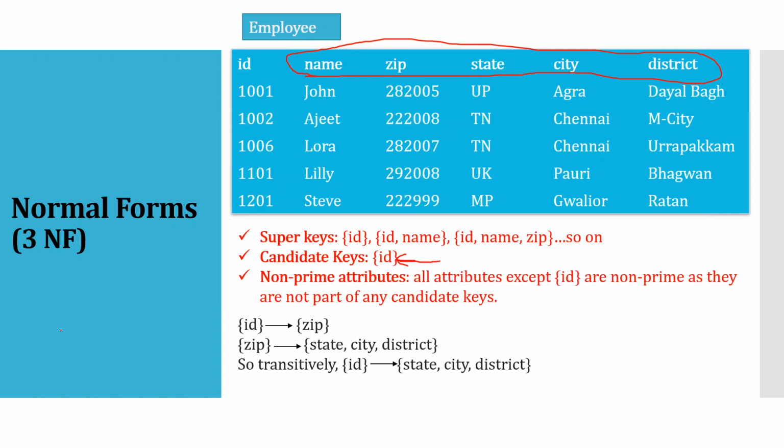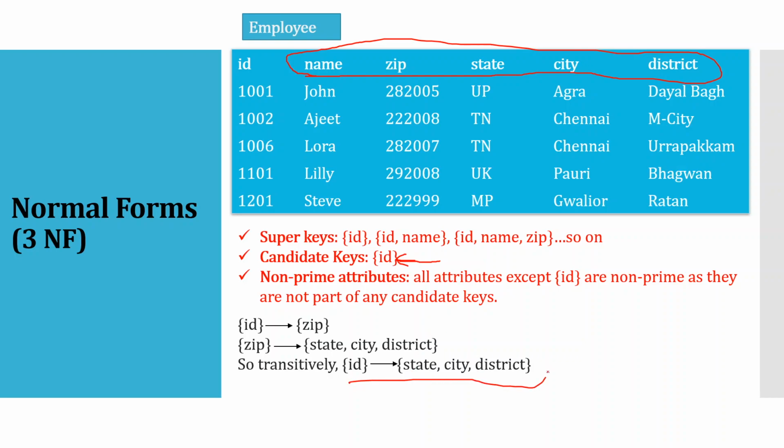Right? So if I have the ID, that is a candidate key, I can determine the zip of a particular employee. And if I know the zip, I can determine the state, the city and the district of that employee. So ultimately, if I have the ID, I can determine the state, city and district.